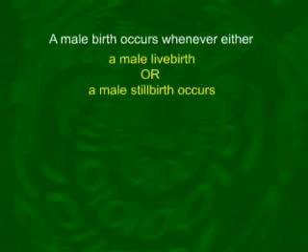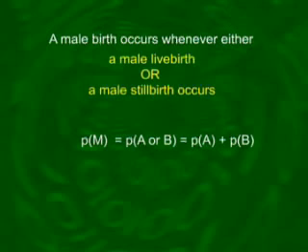Now, a male birth occurs whenever either a male live birth or a male stillbirth occurs, and so the proportion of male birth, regardless of whether they are live or stillborn, is equal to the sum of the proportions of these 2 types of birth.